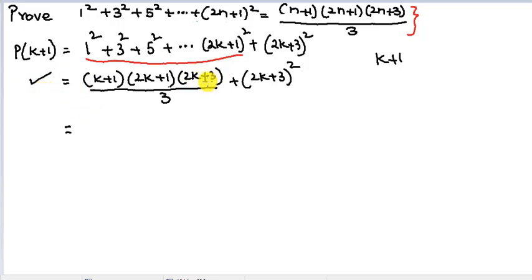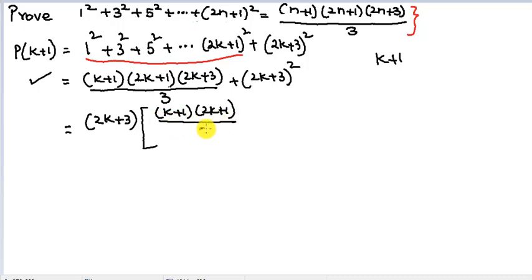Let's go. 2k plus 3 is the common factor, so I'm going to take that factor out. That will give you 2k plus 3 times k plus 1, 2k plus 1 by 3 plus 2k plus 3, right?